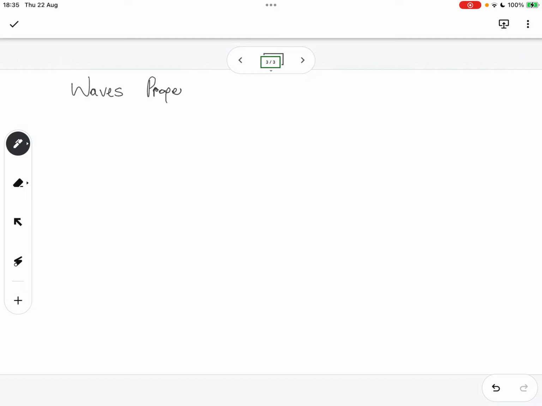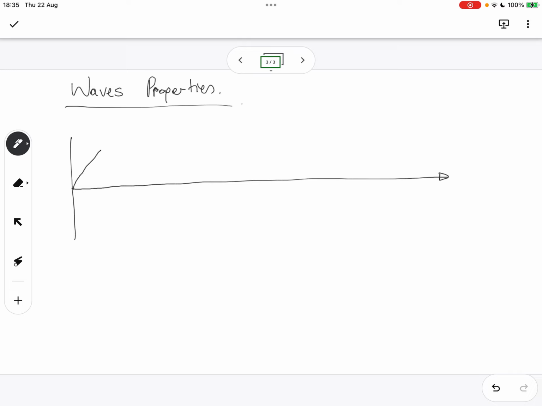But anyway, back to wave properties. So wave properties are as follows. Let's say we have a transverse wave and it goes all the way in this direction. So we're going to draw a wave that looks almost like a sine wave from trigonometry. So that's the first part.